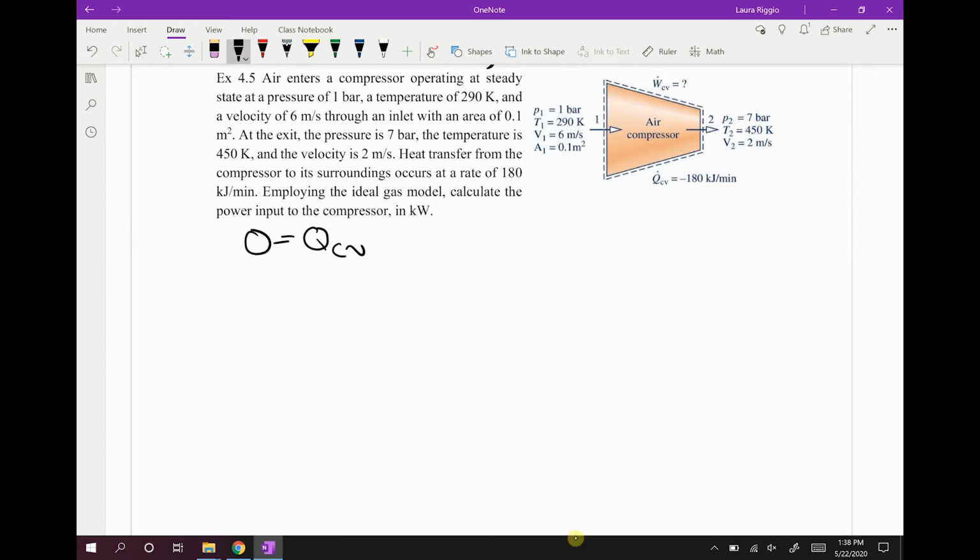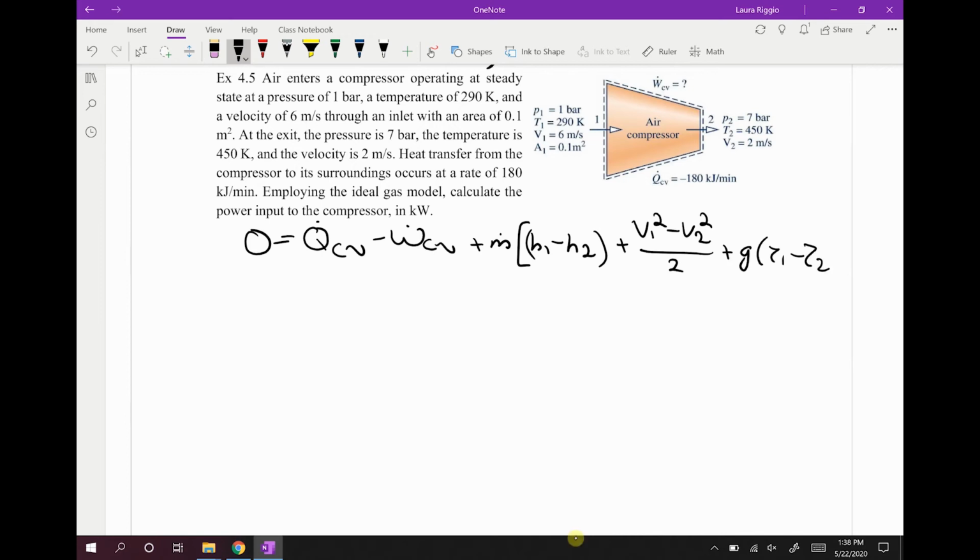So our energy balance in this case is going to reduce down to our heat transfer minus our work plus our change in kinetic plus our change in potential.